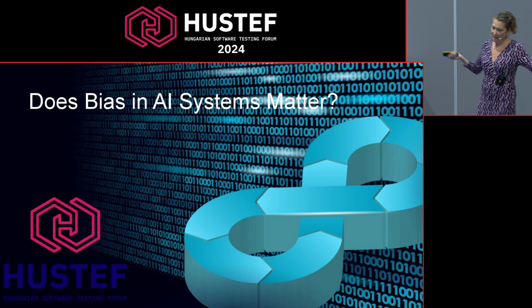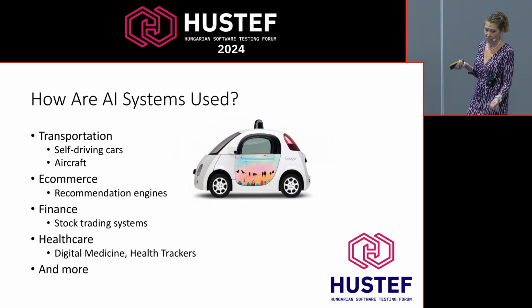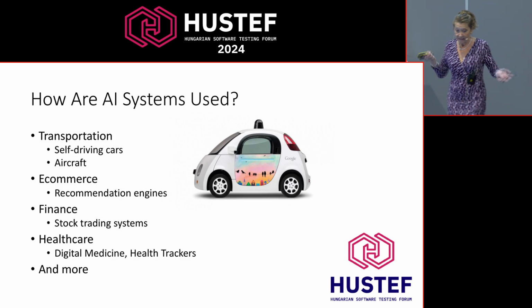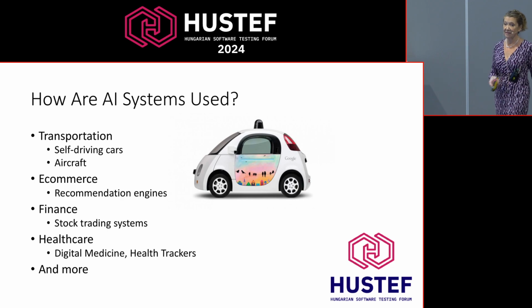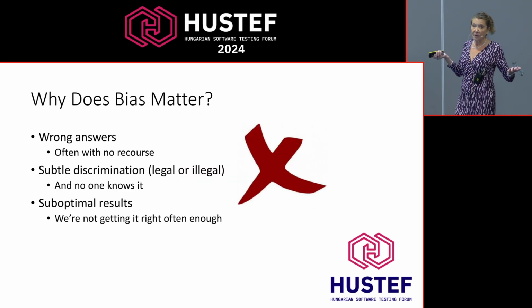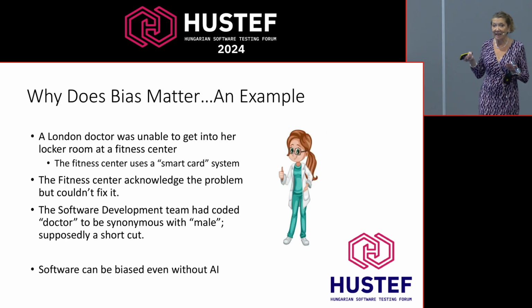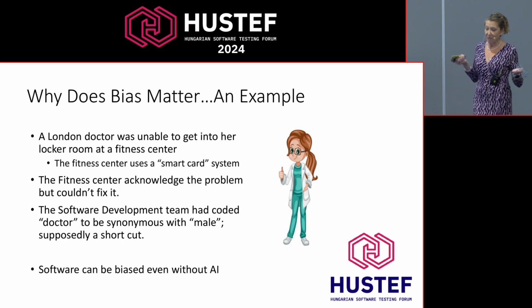So, does bias matter? Well, it's in every possible domain at this point. It's in anything safety critical, to recommendation engines. It will give us the wrong answer sometimes. There can be discrimination. There can be suboptimal results. None of that we want. And software can be biased even without AI.